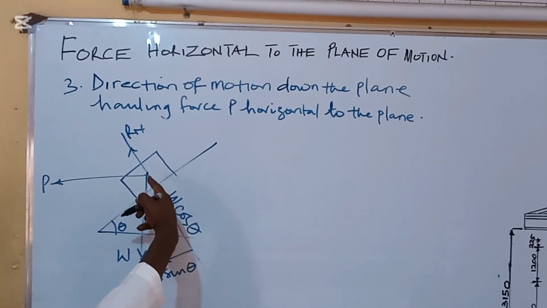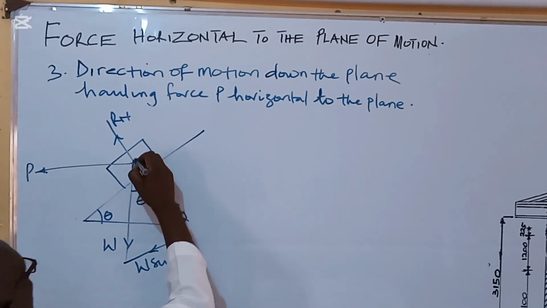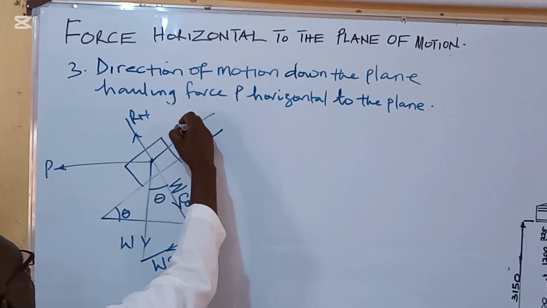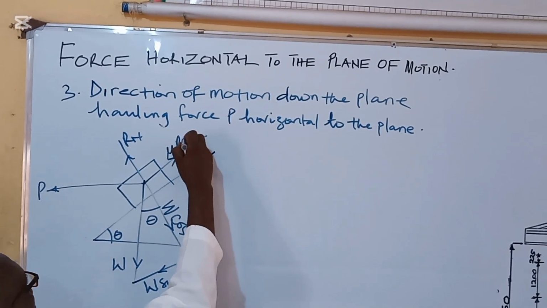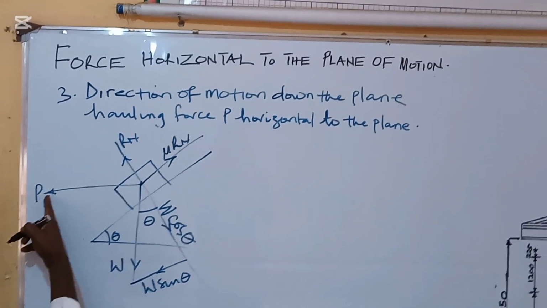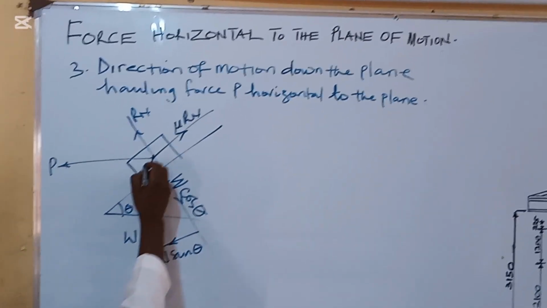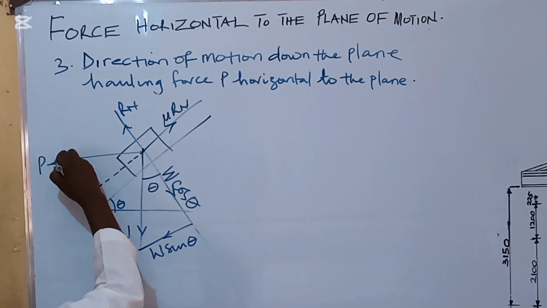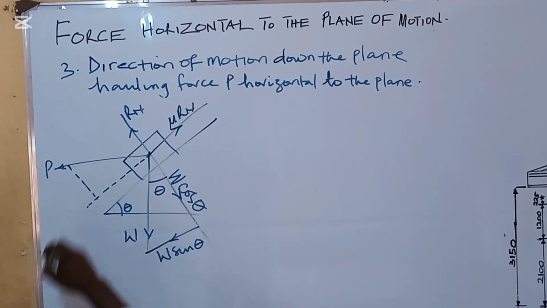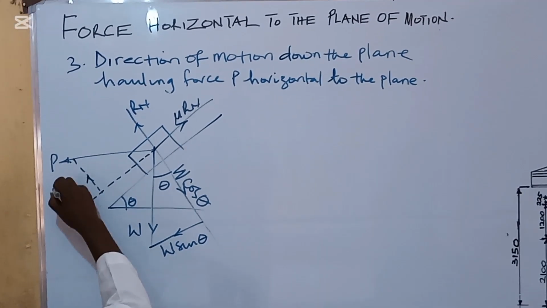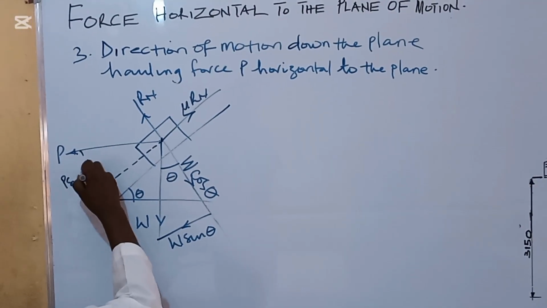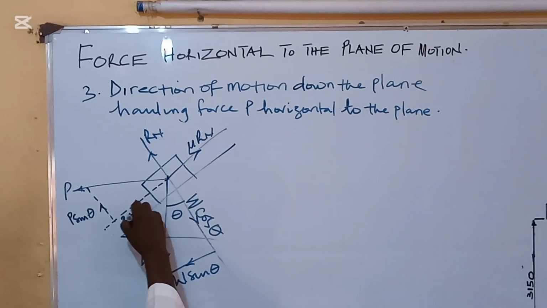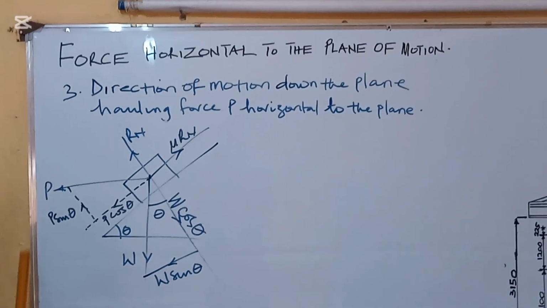Okay? Now, since the direction of motion is down the plane, the force of friction will act upwards in opposition to the direction of motion, which will be mu Rn. Now, the next thing is to resolve this force P into component directions, horizontal and vertical. Now, I call the vertical P sine theta, and I call the horizontal P cos theta. Are we there?